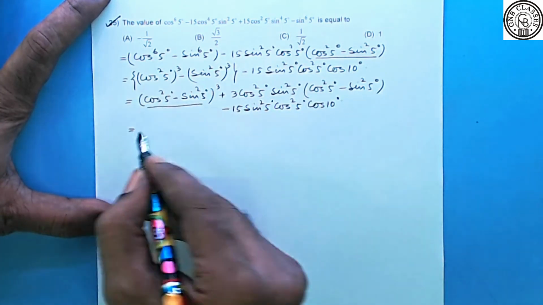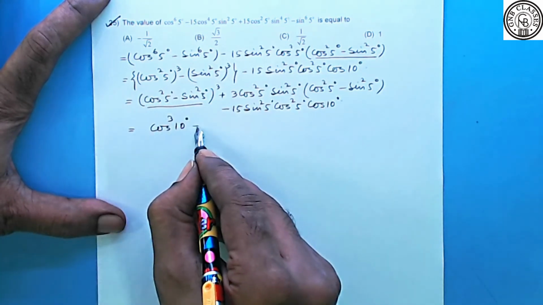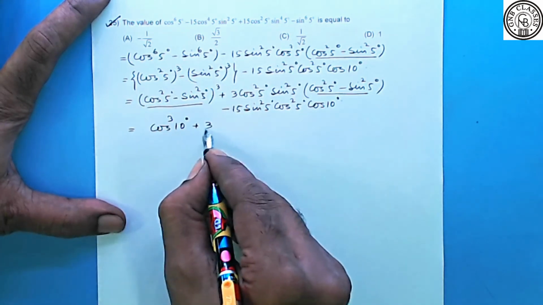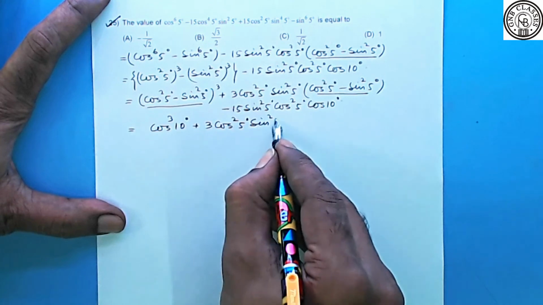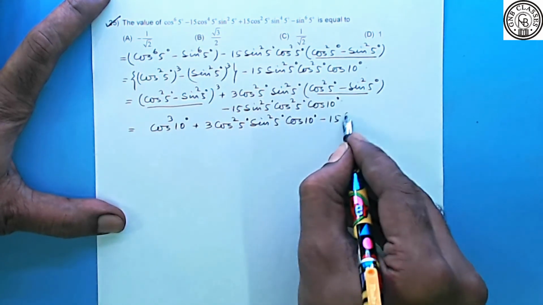Again, this can be written as cos cube 10 degree over here, plus this one is again cos 10 degrees, so it gives you 3 cos square 5 degrees sin square 5 degrees with cos 10 degrees minus 15.